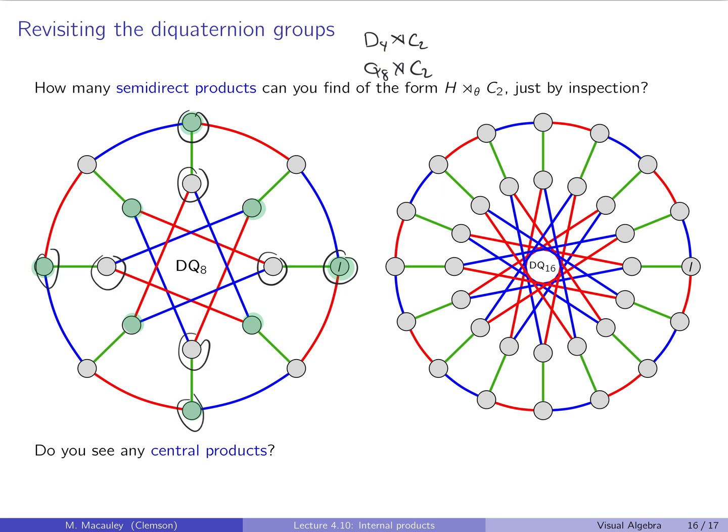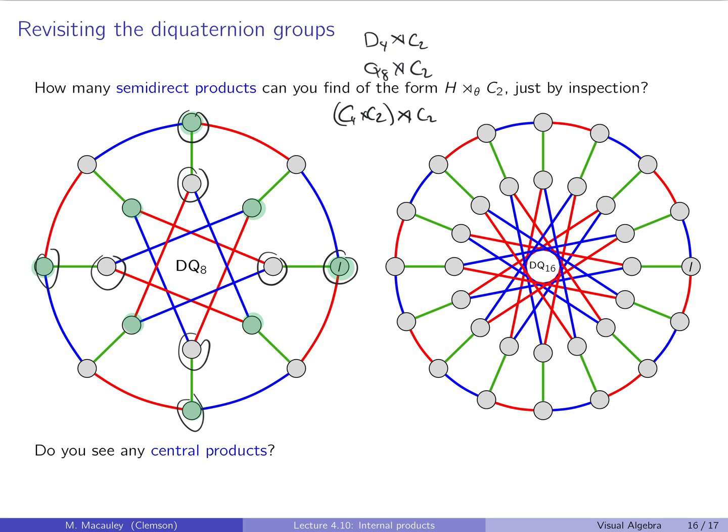I claim this is an abelian group because it's generated by blue, red, and green. And notice that blue, red, green equals green, blue, red. So this is an abelian group. It has an element of order 4. It does not have one of order 8. So it is C4 cross C2. And there is a copy of C2 here that intersects it trivially.